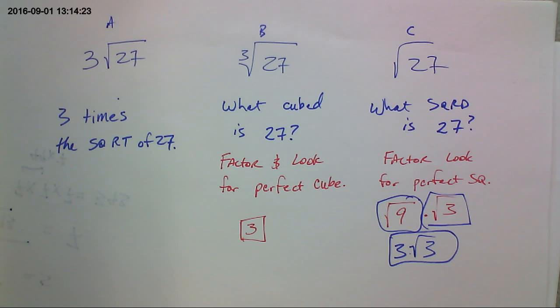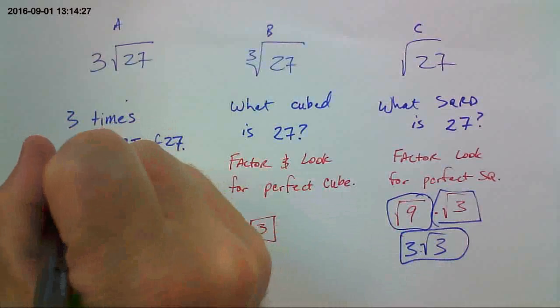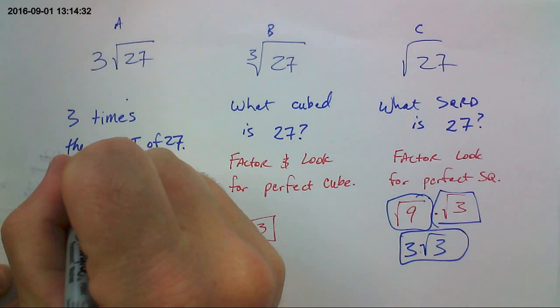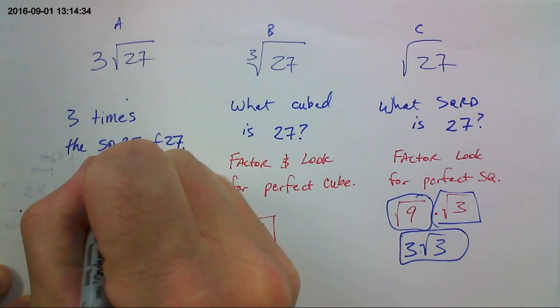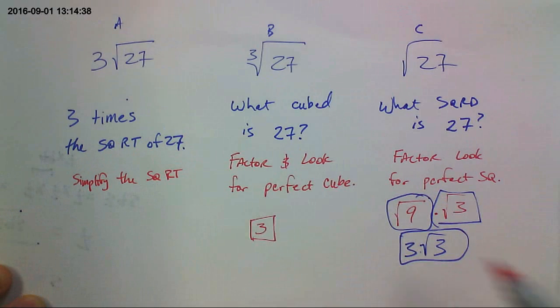Right, Jose? Jose, this one. Check this out. This one, you simplify the square root first. That's okay for square root, I hope.